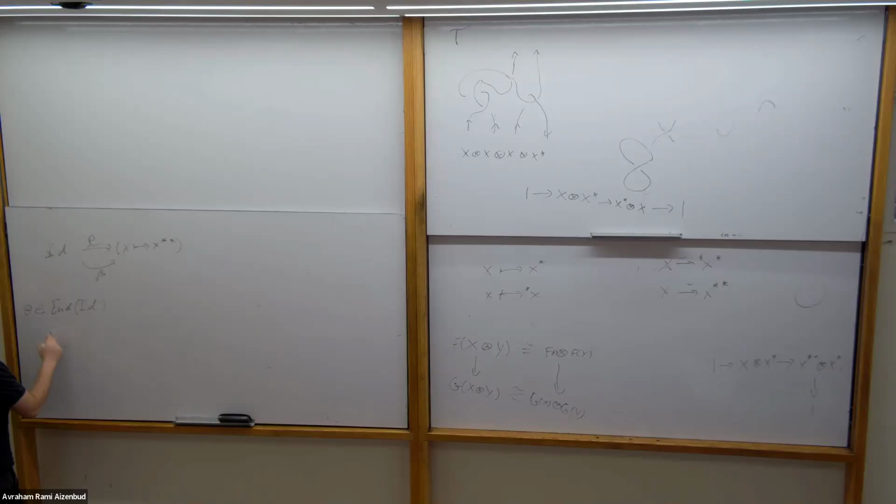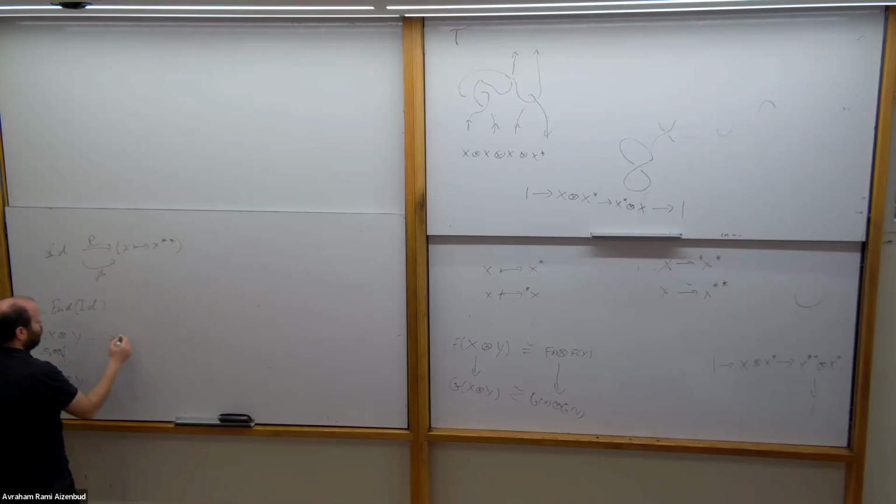So let's see whether I can write it. We have x tensor y. So we can write here theta x times theta y. And here we get x tensor y. So we have this endomorphism. And we can write the braid y tensor x.